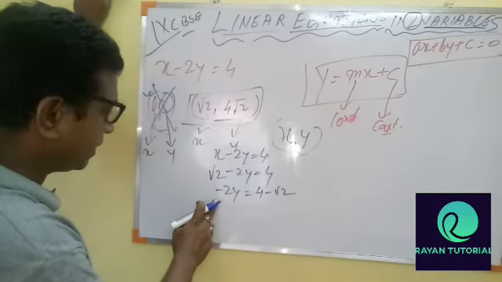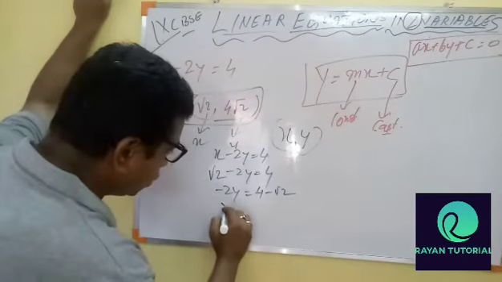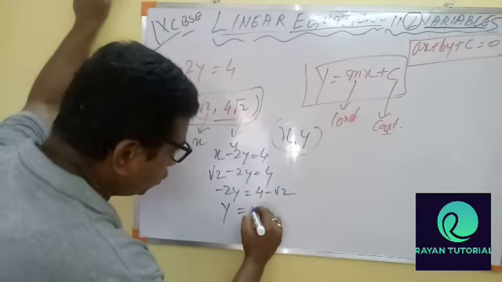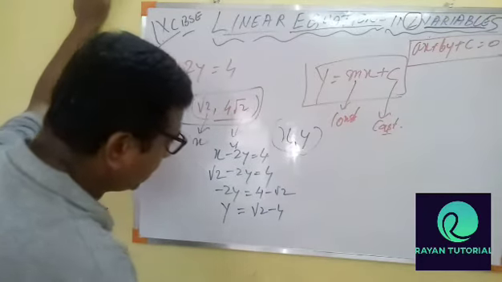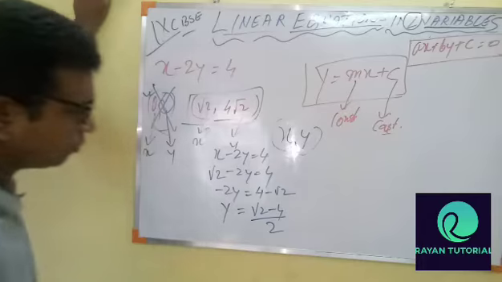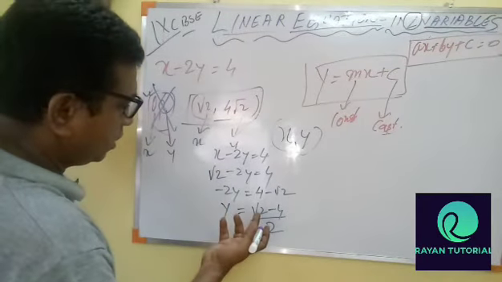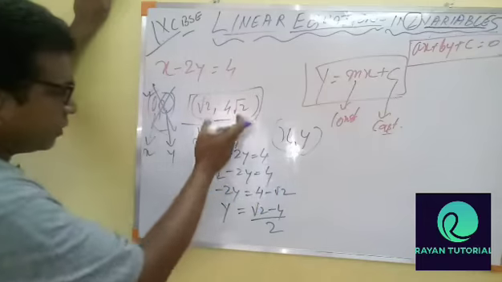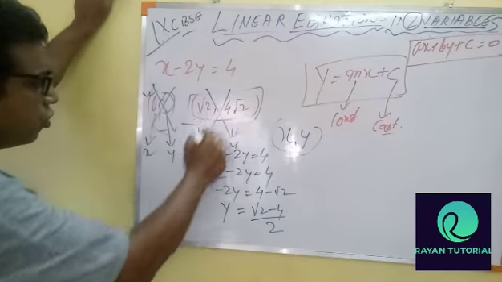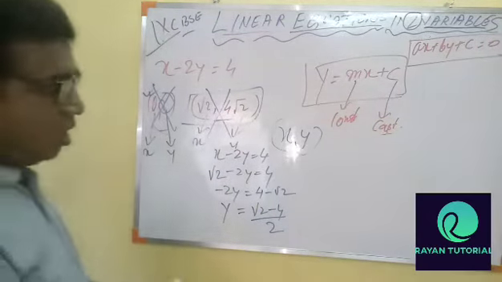Now here is minus, here is minus, so this one should be root 2 minus 4 by 2. See, this and this are not matching, so this is also not a solution.